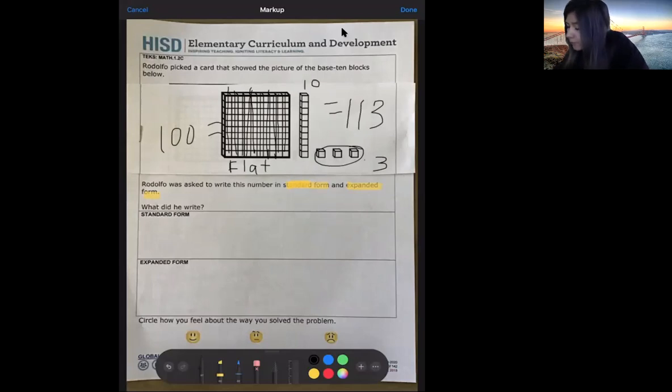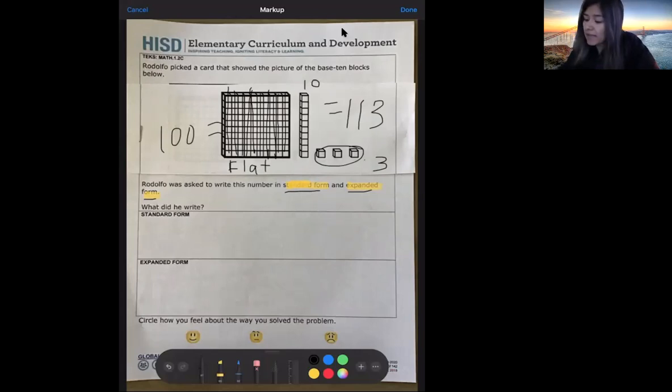So now that I know the value that it represents, now I need to remember, what does a standard form and expanded form mean? I'll give you a second to think. Standard form is the number represented with digits. So if you remember, every digit in a standard form number and a regular number represents a place value.